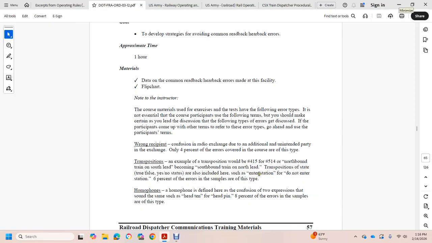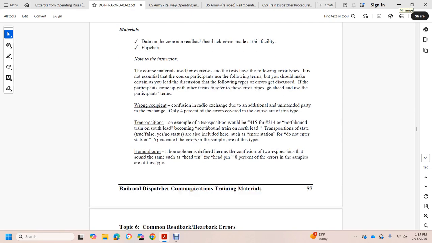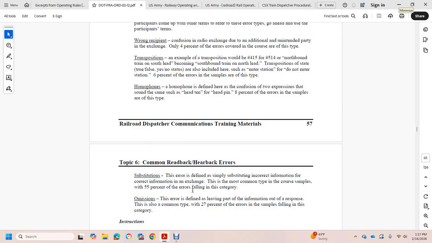Also included here, such as every interstation, do not enter the station. 6% of the errors are samples of this type. Homophones. A homophone is defined as a confusion of the expression of the sound, such as head 10, head pin for head 10, head 10 for head pin. 8% of the errors are samples of this type.